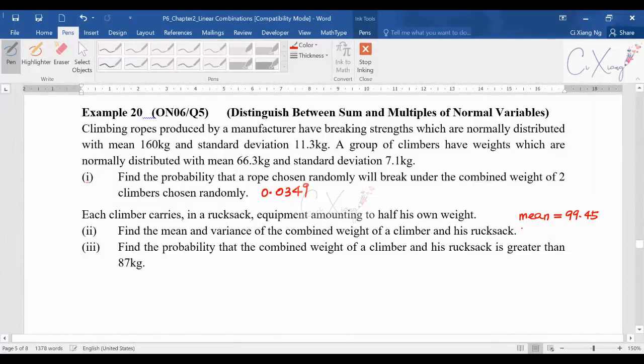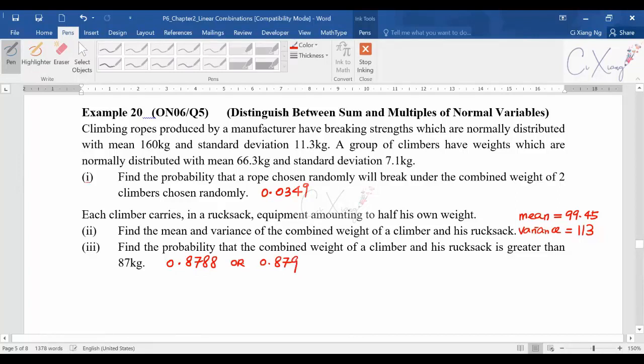And then they're asking for the variance, right? So the final answer for the variance should be 113. Okay, and then for part number 3, the answer is 0.8788, or you can write it as 0.887.